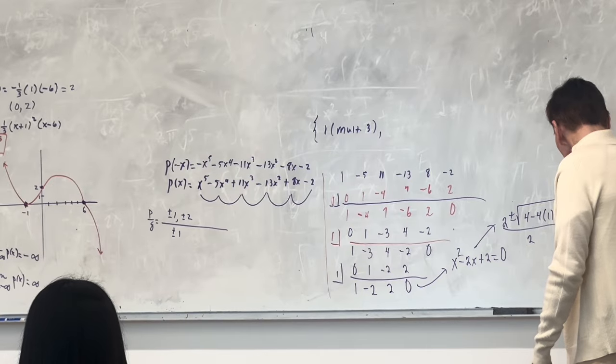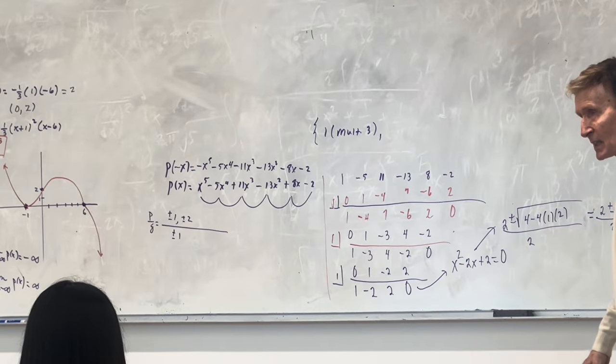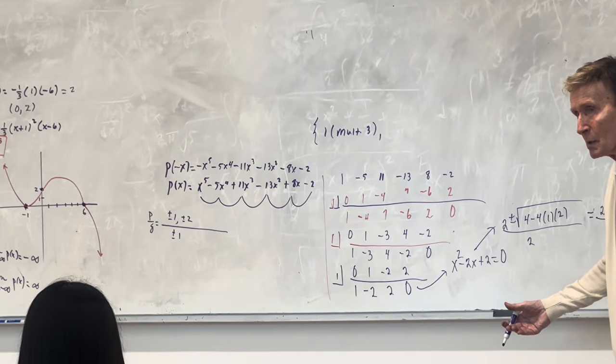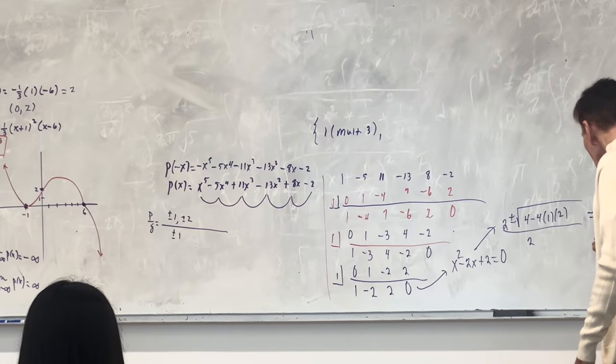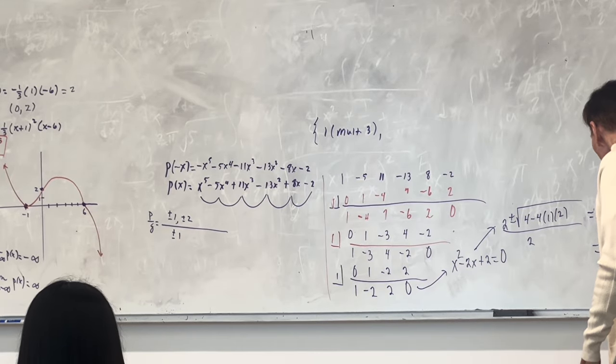Are you kidding? Over 2. What's the best I can say for square root -4? 2i. So it's 2 plus minus 2i over 2. Reduce this thing down by 2, divide everything by 2. You're going to end up with 1 plus minus i.